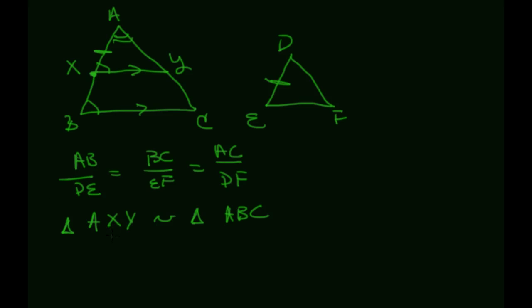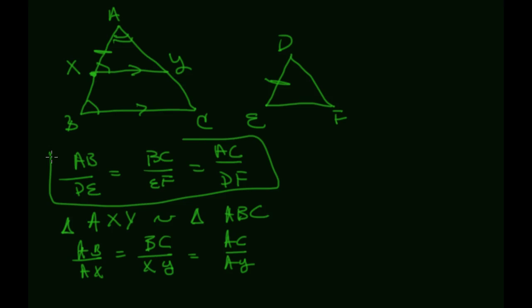From there, that similarity gives me that AB relates to AX as BC relates to XY as AC relates to AY. But in the given, which is up here, I've got a very similar statement.